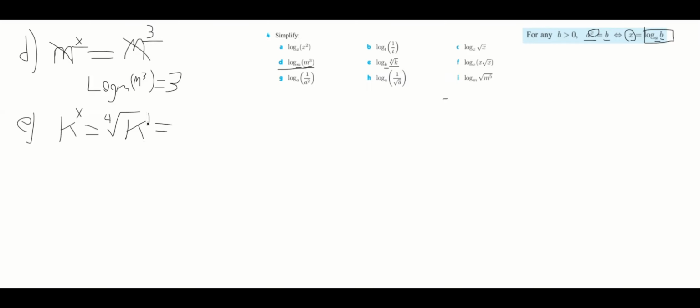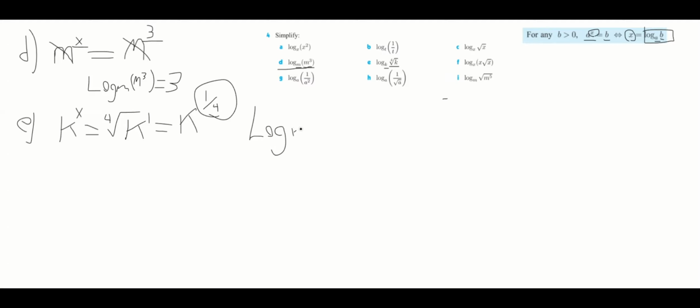Since K is to the power of 1 and the root is to the power of 4, we can say that this equals K to the power of 1 over 4. And so this would be our X value. And so again, the entire equation therefore equals 1 over 4.